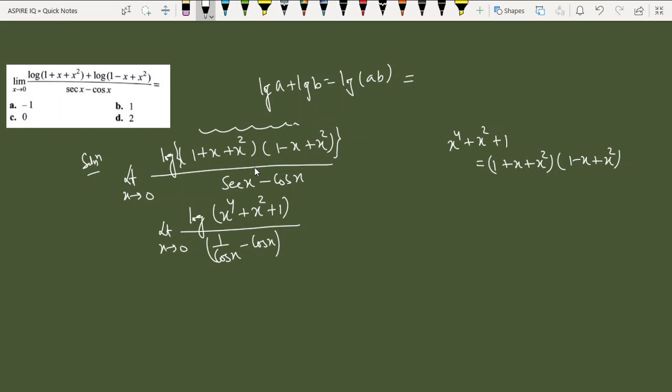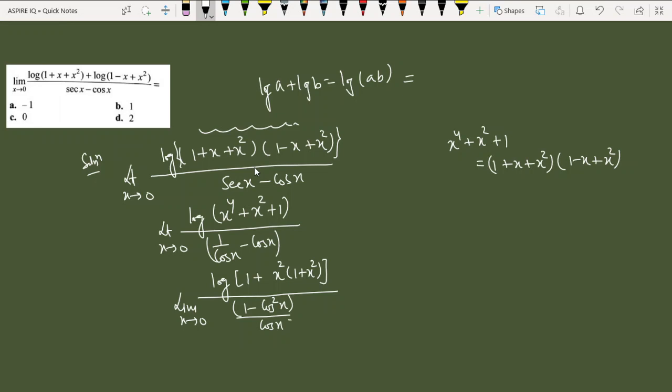It is like the 1 plus x form. I can simply write it in this form and just take the LCM in the denominator. That will be cos^2 x and cos x, limit x tends to 0.